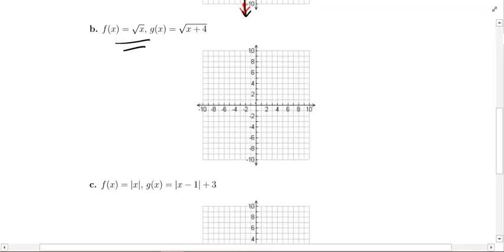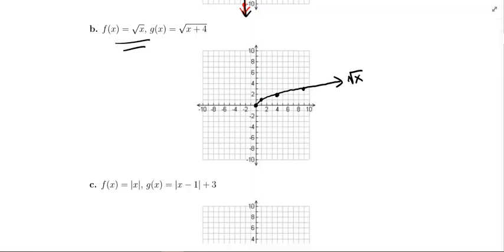If you remember, that's 0, 0, 1, 1, 4, 2, and 9, 3. The square root function starts at the origin and it just goes off in this direction to the right forever. So this is the original function. We have to use this to graph g of x is equal to the square root of x plus 4.